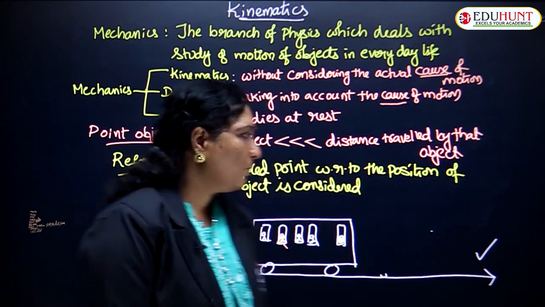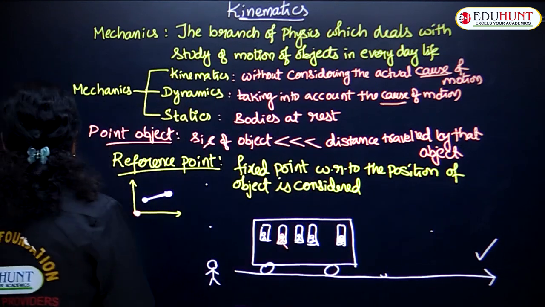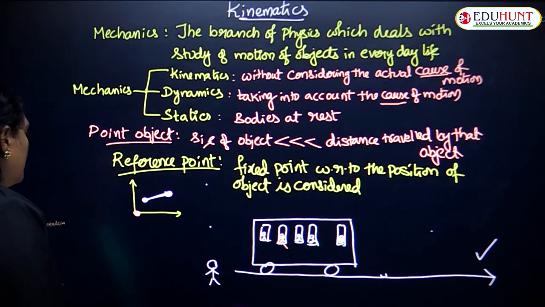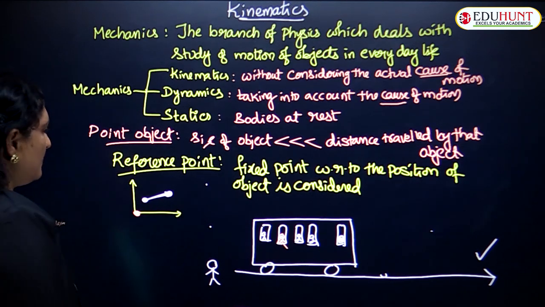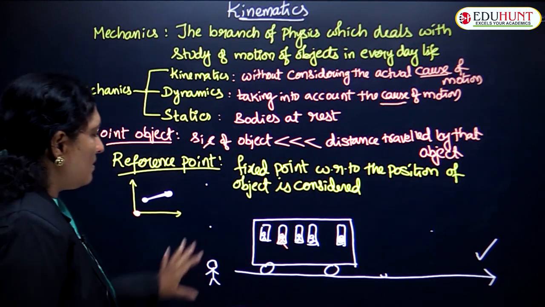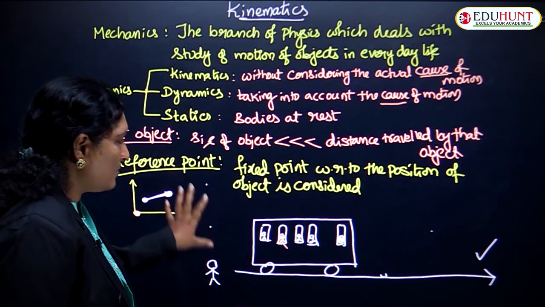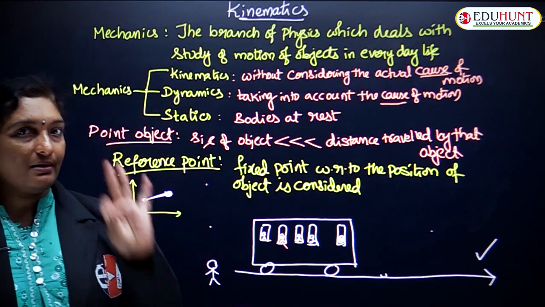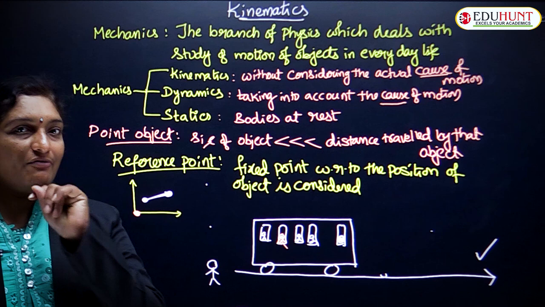Okay children? Next, let us try to understand the concept of distance and time. Before that, whenever you are considering the position or the motion of an object, it is generally based on three factors.